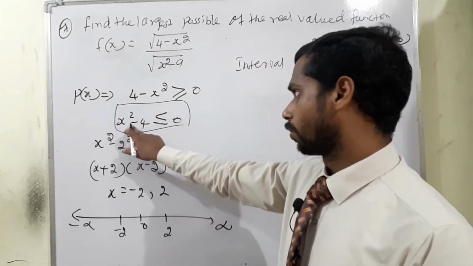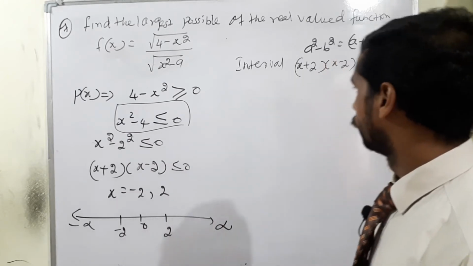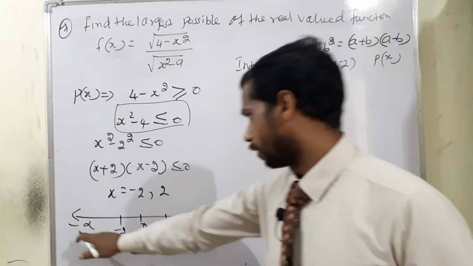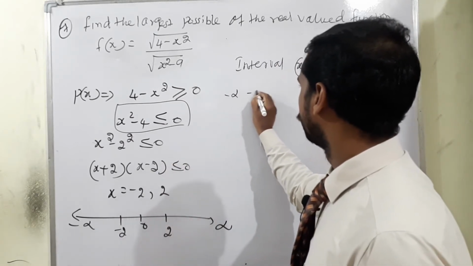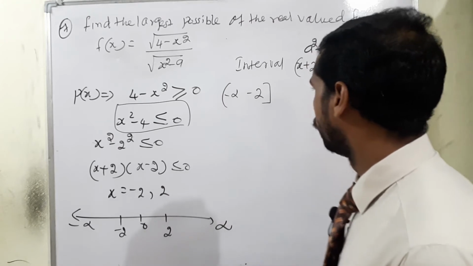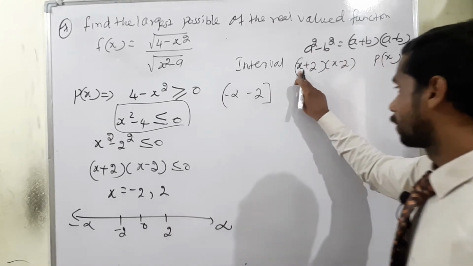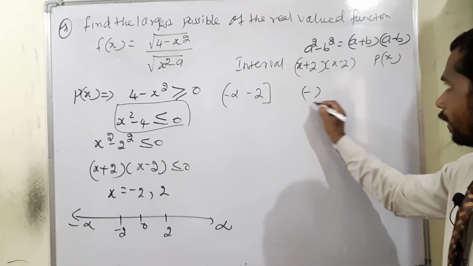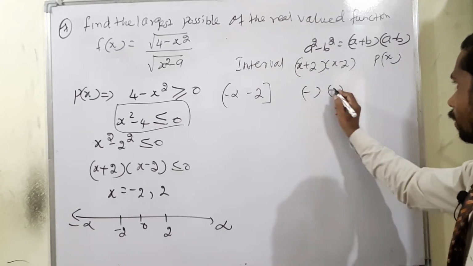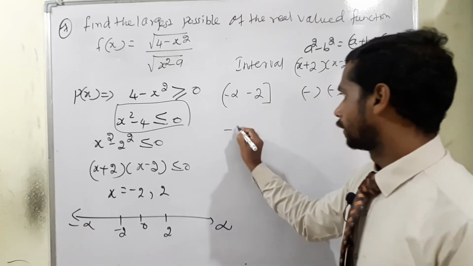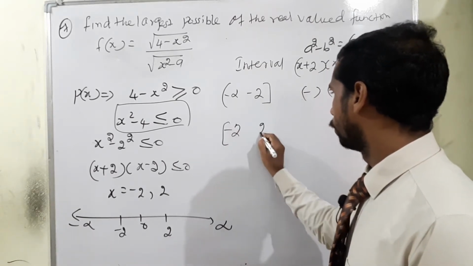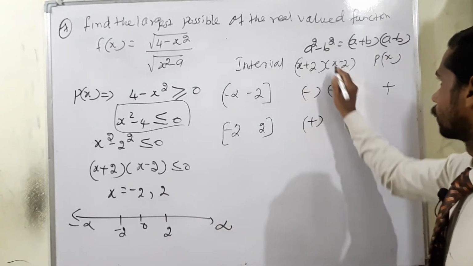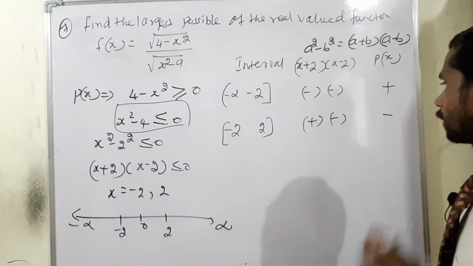X square minus 2 square, x plus 2 into x minus 2. Therefore, the condition is a less than value, isn't it? So less than means first interval minus infinity to minus 2, closed interval open. In between, take minus 3, consider only the sign. Minus 3 plus 2 means minus sign, minus 3 minus 2 means minus. Minus into minus is plus. Next condition minus 2 to positive 2, center 0 is there, no? 0 plus 2 plus, 0 minus 2 minus, plus into minus is minus.